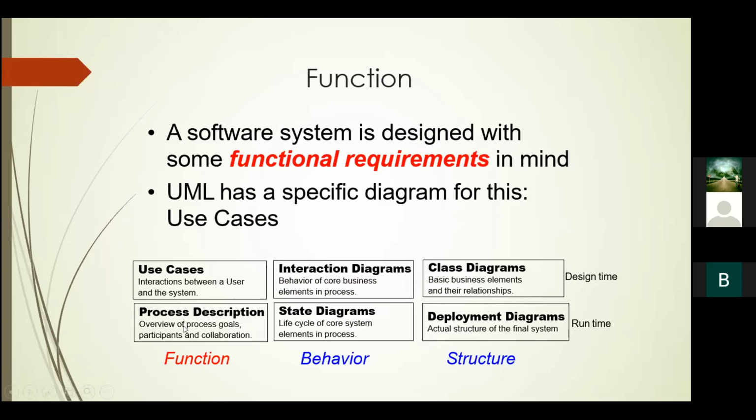Process description, overview, process goals, participants, and collaboration. This is the function. Okay. Interaction diagrams, behavior of core business elements in process. So, nandito na tayo sa internal process, kasi 'di ba, meron tayong dalawang klaseng process.